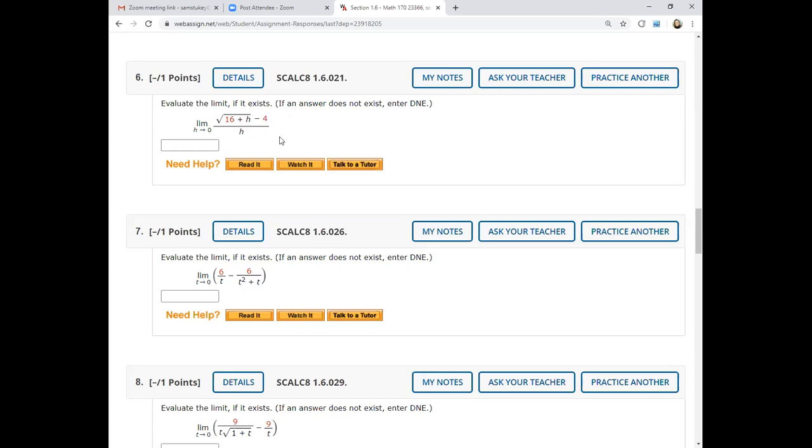The conjugate only changes the sign in the middle. You don't change the sign under the radical, you change the sign between the radical term and the constant. I don't think I've dealt with one like that before.